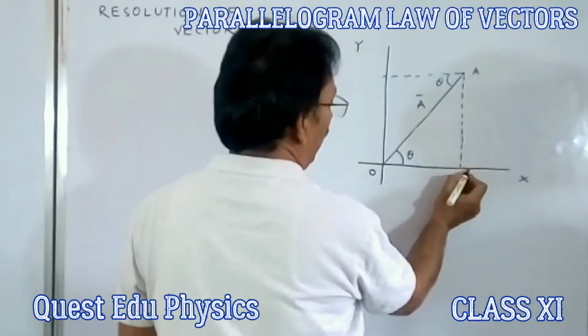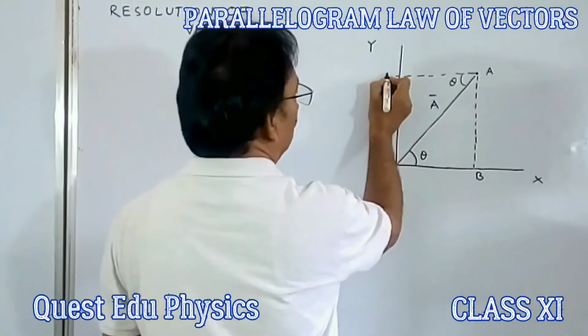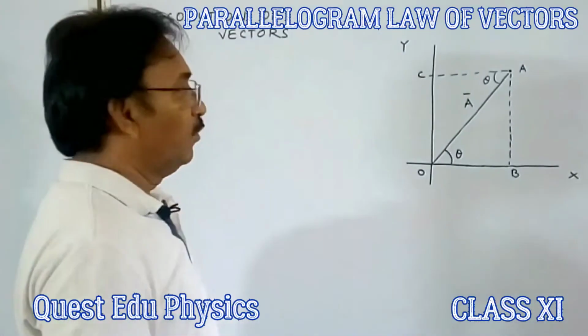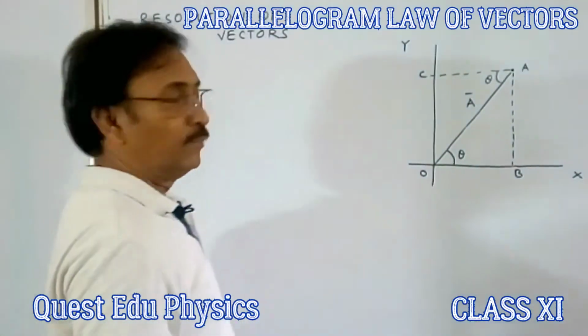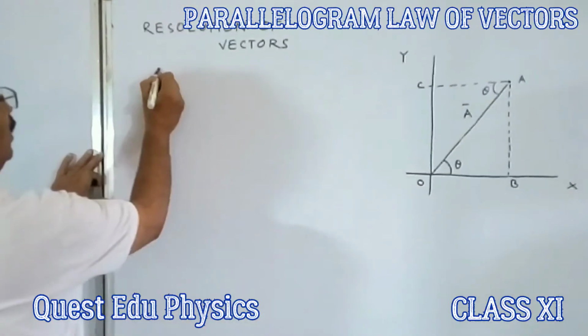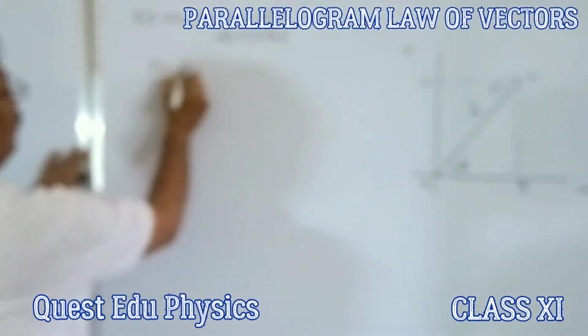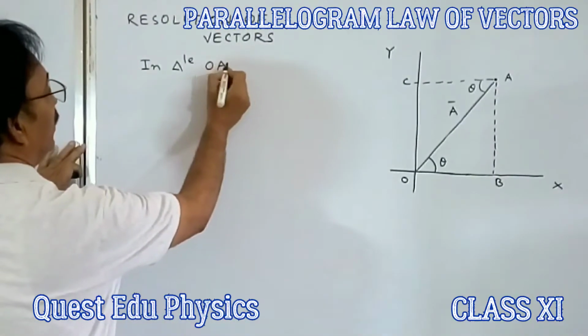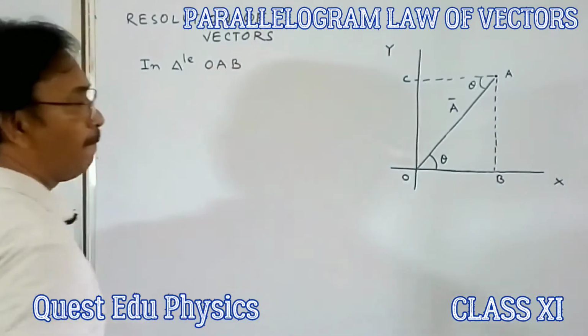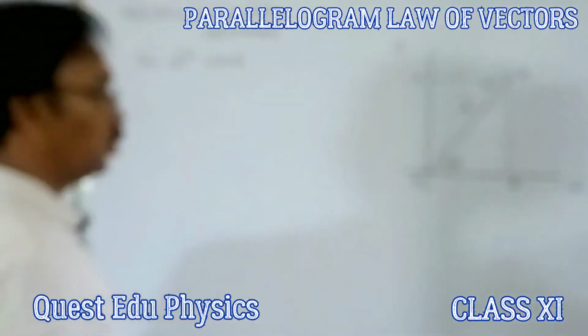Say it is OAB, and call the foot of the normal C. In triangle OAB, you know the trigonometric ratios.